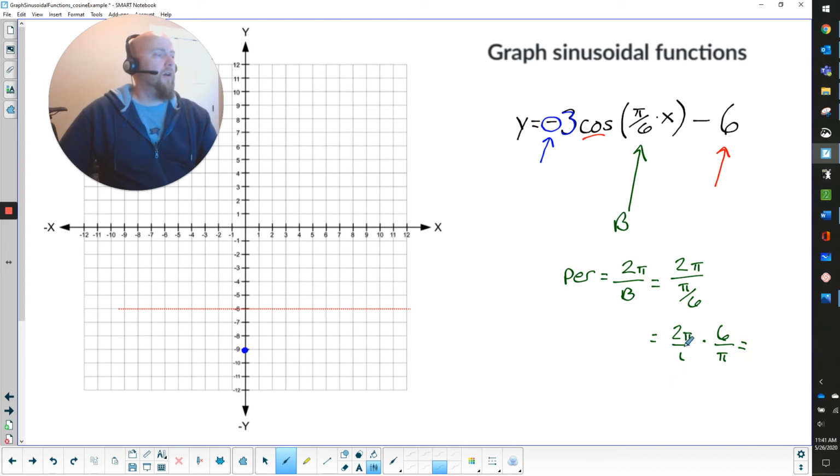So 2 pi over 1 times 6 over pi, multiplication by the reciprocal instead of division. You end up with the period being 12 units.